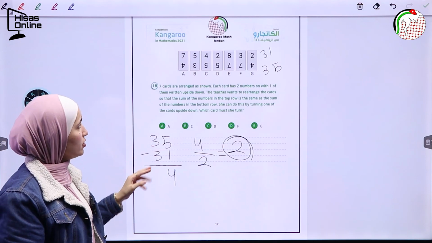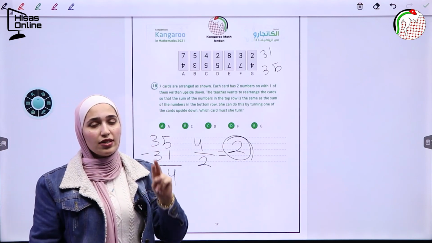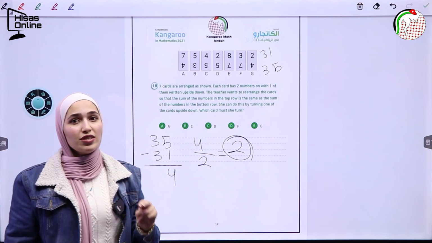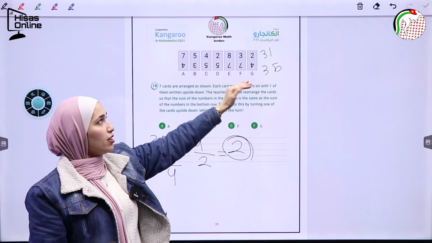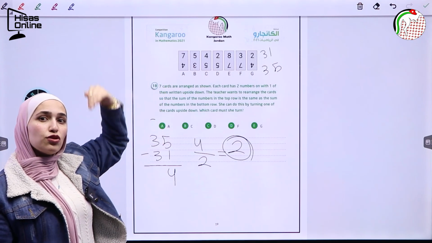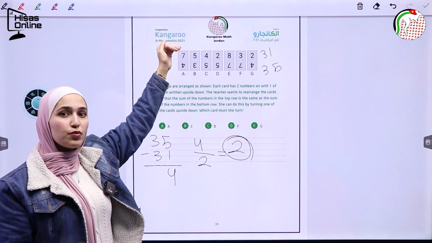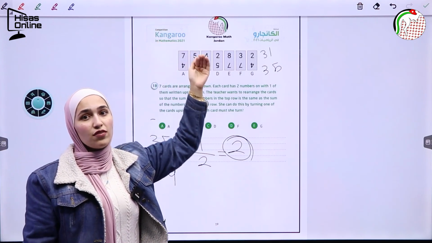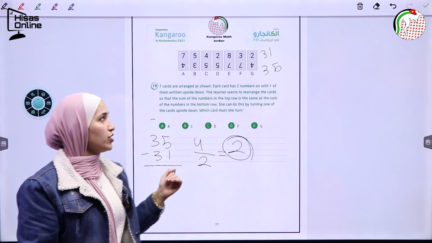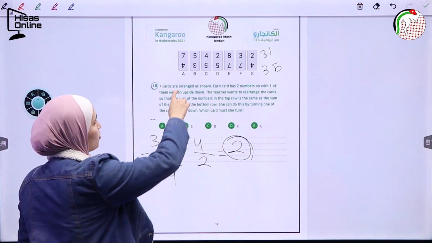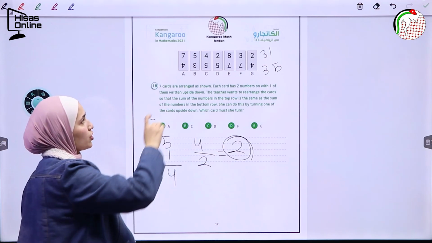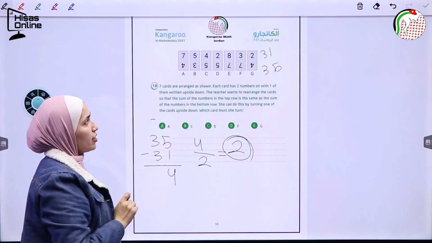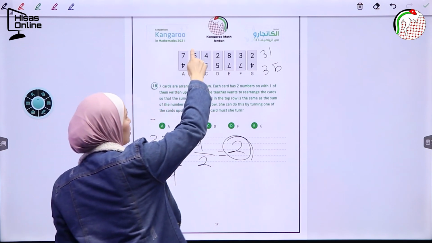So you should find the card that has two numbers, and the difference between these two numbers is 2. And don't forget, the greater number should be in the second row, and you should turn it up to be in the first row to increase the sum of the first row. So let's start here. What is the difference between 7 and 4? 3, so it doesn't work. 5 and 3, yeah, 2, so maybe this one.